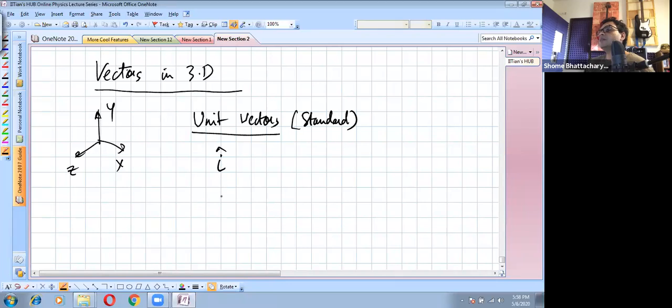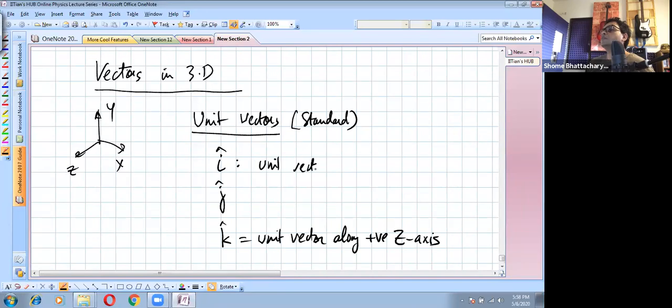So your I cap and J cap is the same as what it was before. But now you have the third unit vector, which is called K cap. And this is the unit vector along positive Z axis.